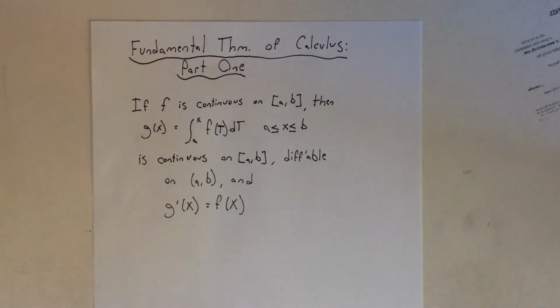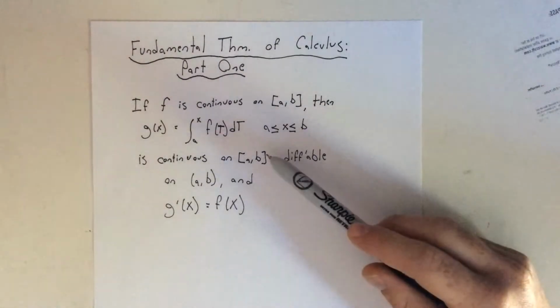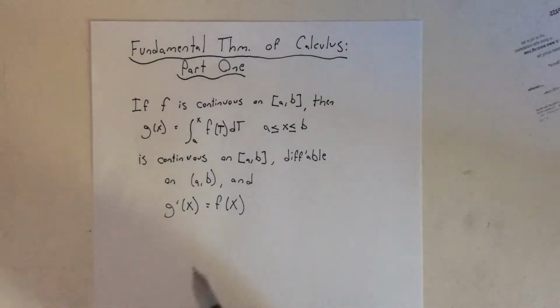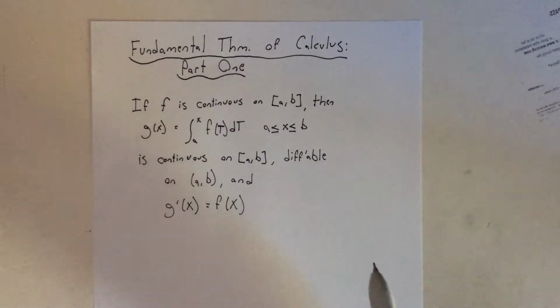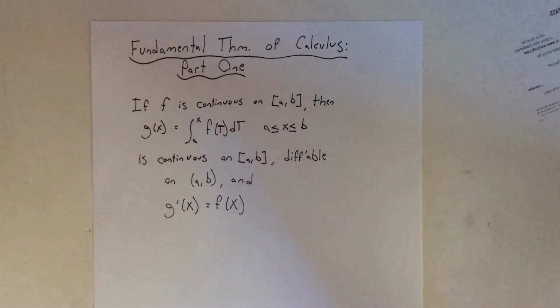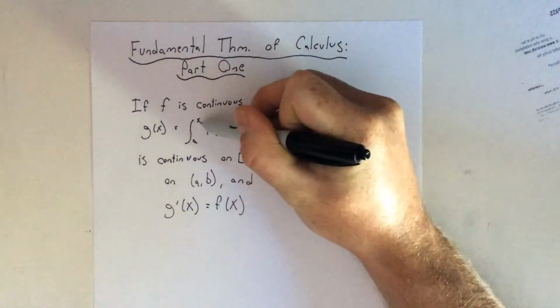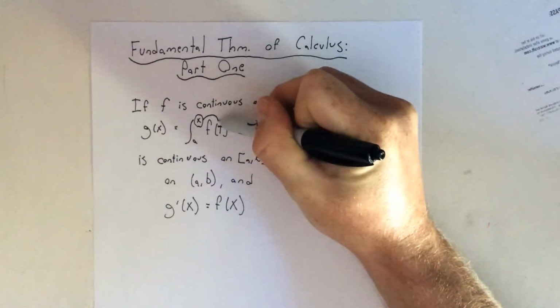The formal definition says if some function f is continuous on the open interval a, b, then a new function g of x, which is equal to the integral from a to x of f of t dt, so long as x is in between a and b, then g of x is continuous on the open interval, differentiable on the closed interval, and the derivative of g with respect to x is equal to f of x. So basically what this theorem is stating is that you just take this x and you plug it in.